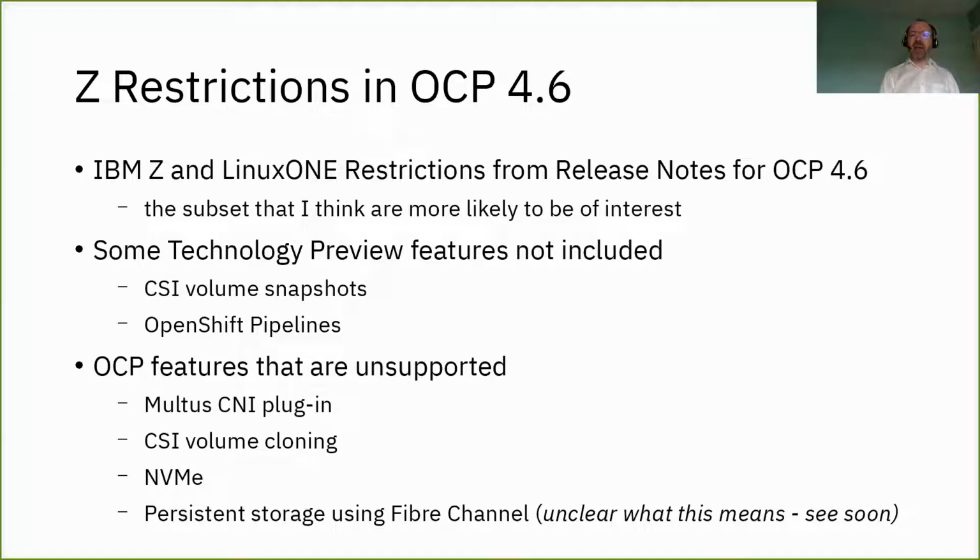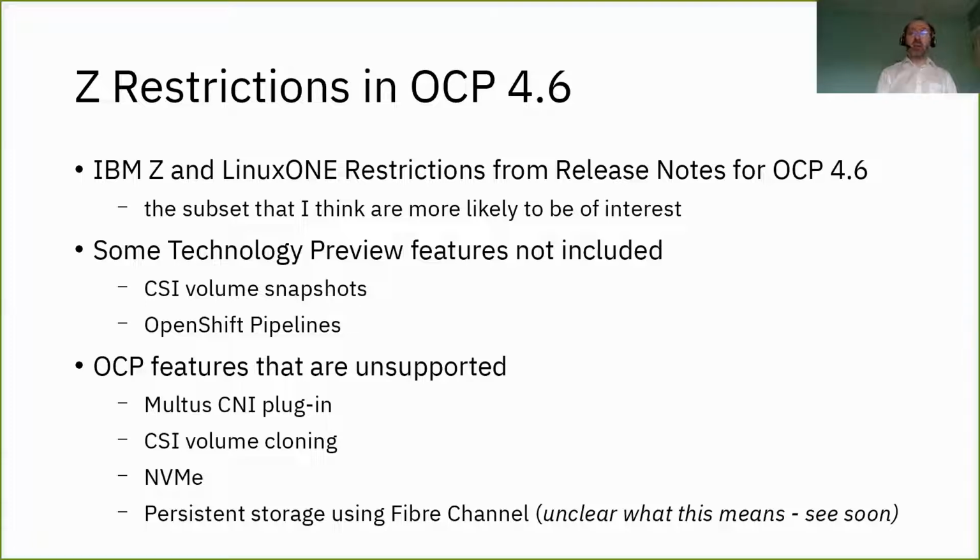Jenkins was a big hit in the Java world, and it does things in a way that can be generalized a bit, but tends to fit well with Java development. With Kubernetes and OpenShift, really you want a lot of these things to be built into the cluster itself, so the cluster understands the concepts of tasks and steps and decisions and so on. And that's what Tekton pipelines and its derivation OpenShift pipelines is. So I think that's a really good thing, but it's not quite there on Z yet, so I'm looking out for when it will be, hopefully soon now.